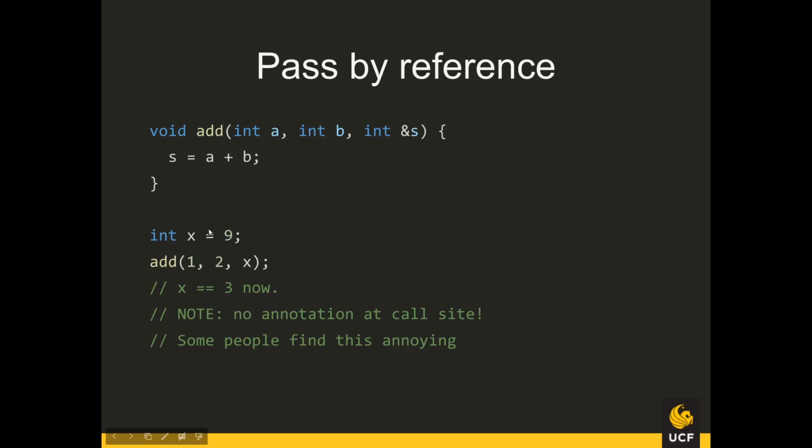Some people find this syntax a little annoying. In C, if you were doing this, and you were doing this with pointers, you would actually have a star here to indicate that this was a pointer, and then you would have the ampersand here to indicate you are taking the address of x to pass in. So that gives you some hint that, oh, hey, here I'm passing in something that can be modified.